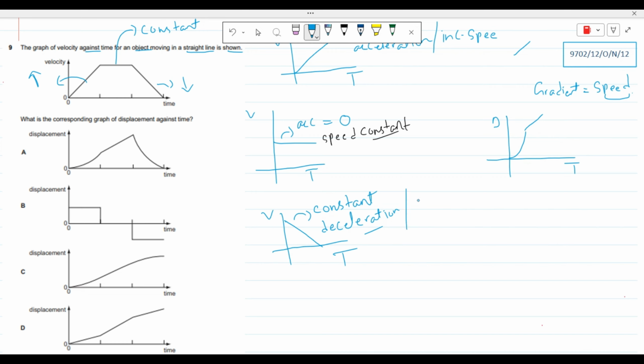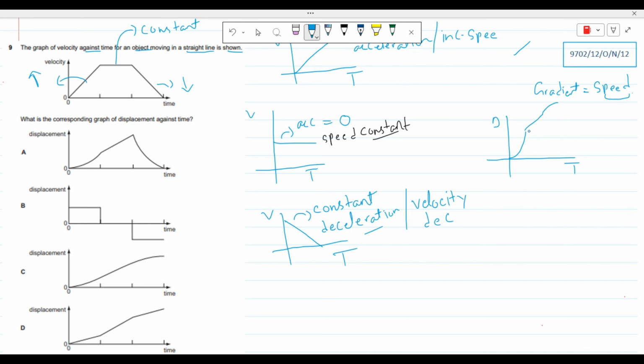Constant deceleration means speed decreasing or velocity decreasing. So here is velocity decreasing, right? How to make the line for decrease in velocity in displacement time graph like this? We actually make the curve like this.